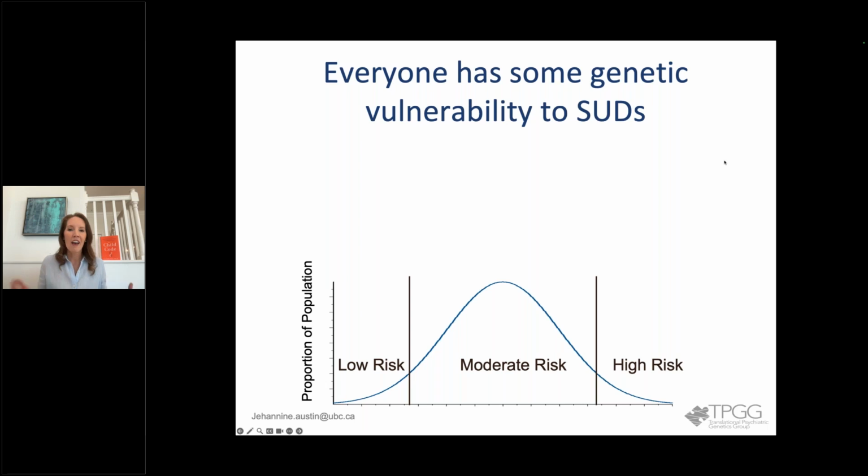Now, everyone has some genetic vulnerability to substance use disorders. And so I mentioned before, but all behavior is distributed like a bell curve in the population. And so that means that some individuals are at low risk, some individuals are unlucky enough to be at high risk, and then there's lots of us that fall somewhere in the middle.